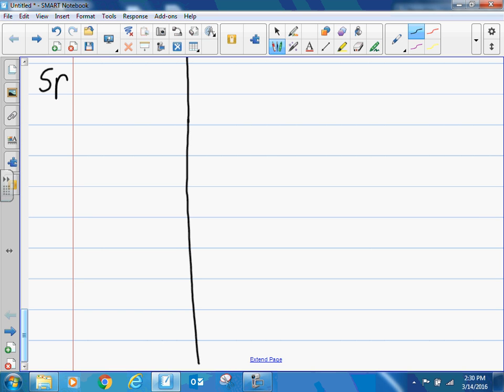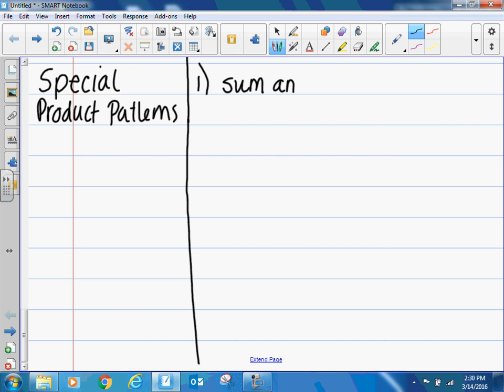So these are special product patterns, and there's 2 of them. The first one is the sum and difference pattern.